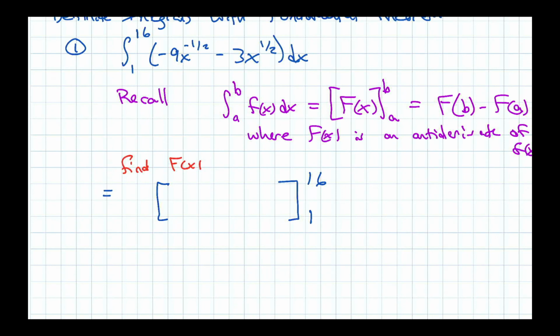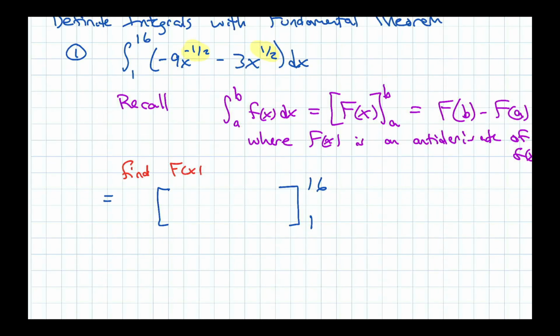The power rule says we take the exponent and add 1 to it. This exponent is -1/2, so the -9 just carries along, and we have x to the +1/2, because -1/2 plus 1 is +1/2.